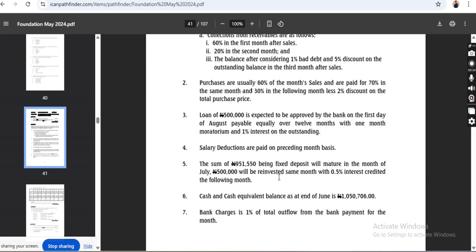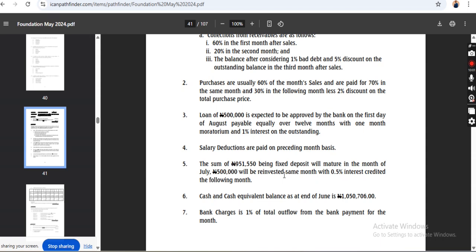What is the interpretation of this, class? You make a fixed deposit and it will mature in July, right? That fixed deposit is your money, right? Then you reinvest it the same month with 0.5% interest credited the following month.